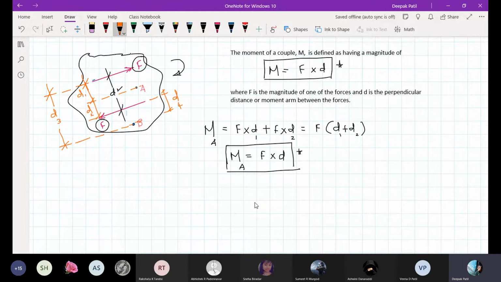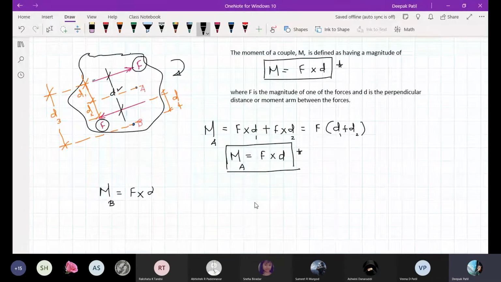So let us check whether the moment at B will also be F into D or will it be something else. So moment at B is equal to. First, let me calculate the moment of this force at point B. That will be F at D3.